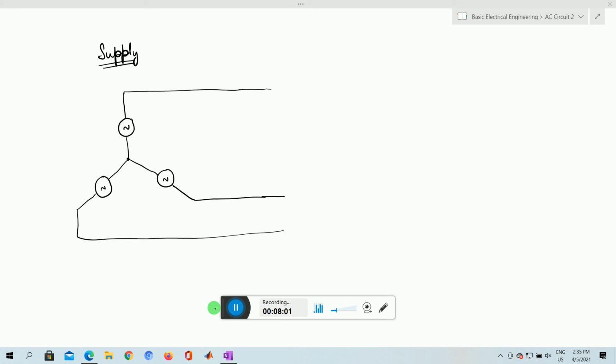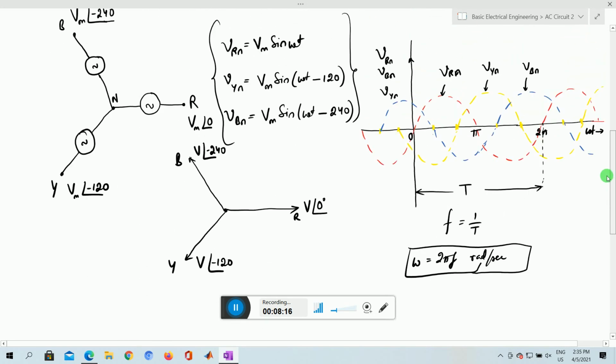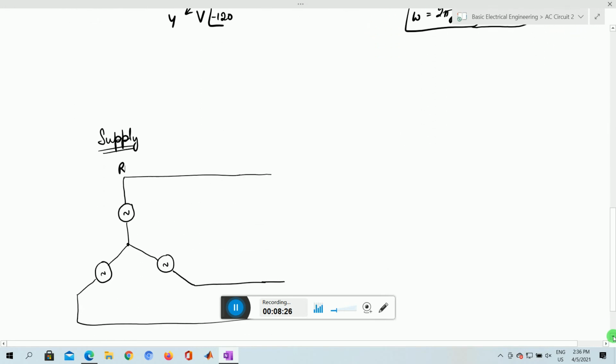Now here the same RYB we have kept in the same fashion, with the neutral, as we see in the above. Here R, Y and B are space displaced by 120 degrees with a neutral here. So the same thing we can have here; this diagram can be done.